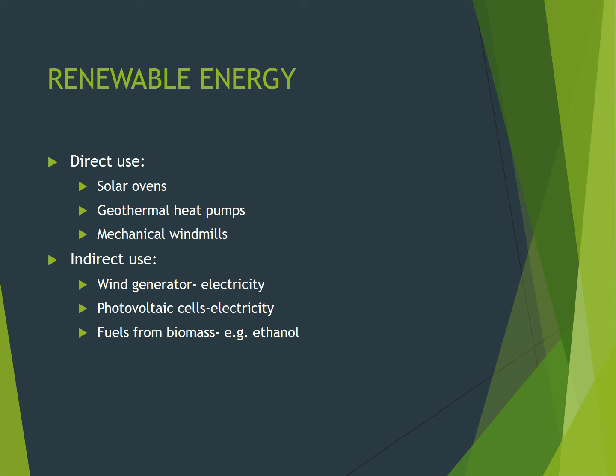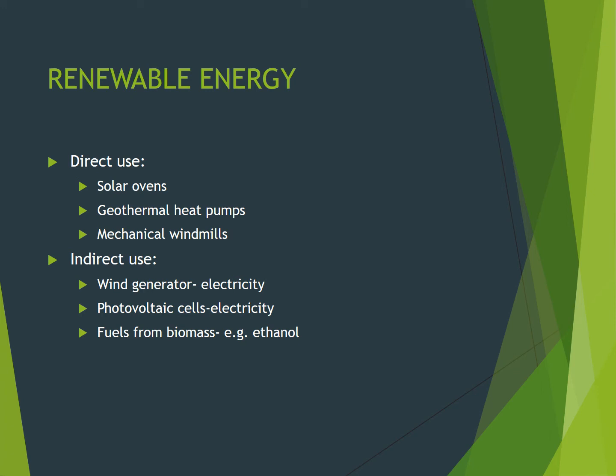Examples of indirect use are wind turbines, wind generators, where the kinetic energy of the wind turns the blade, and the turning of the blade rotates the dynamo or the electric motor inside the wind turbine to produce electricity. Okay. So it's from kinetic to electrical energy. Same as photovoltaic cells, we use the energy and the rays of the sun and we turn it into electricity. So it's not direct use.